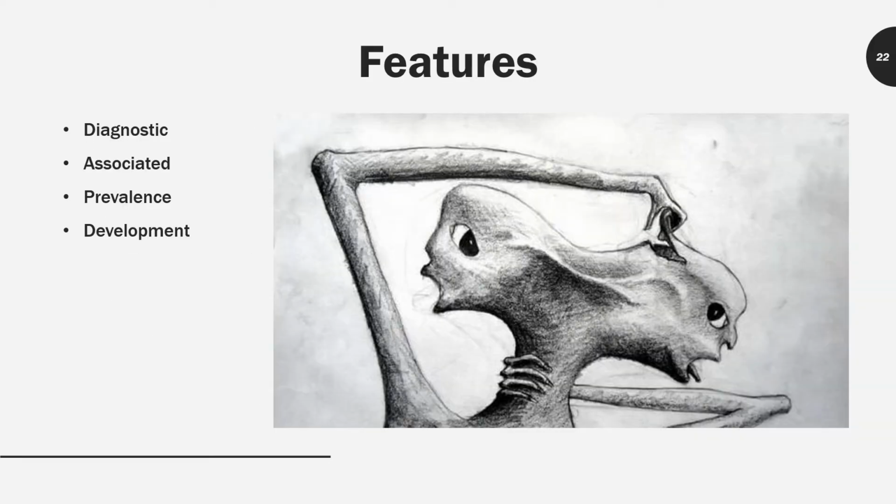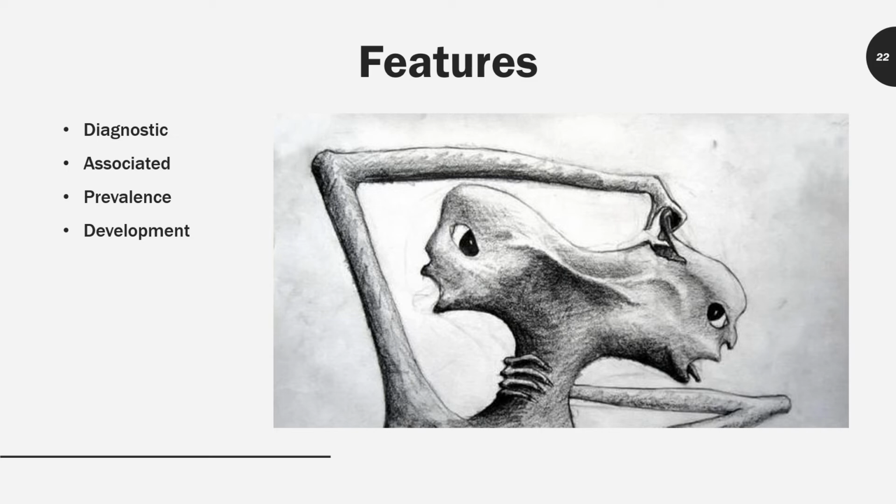Okay, so features of schizophrenia. Here's where we're starting to really get into some interesting aspects. Specific diagnostic features of hallucinations and/or the delusions are required. They must be there. Time periods of positive and negative symptoms are hallmarks of the diagnostic feature.